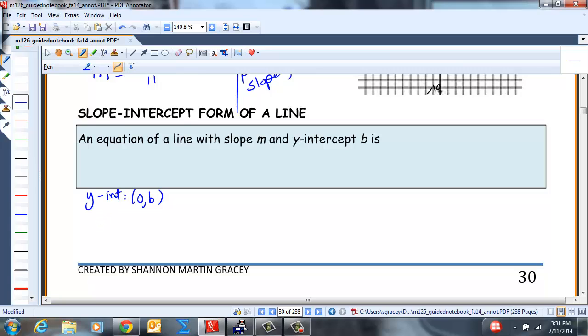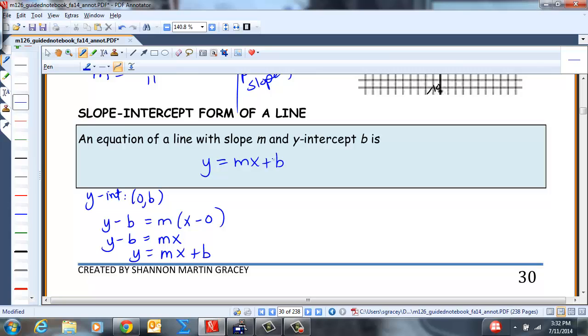So if you plug that in, y minus y1, so y1 is going to be b, is the slope times x minus x1, but x1 is 0. So y minus b equals m times x. And if you isolate y by adding b to both sides, you get y equals mx plus b. So that is indeed the formula.